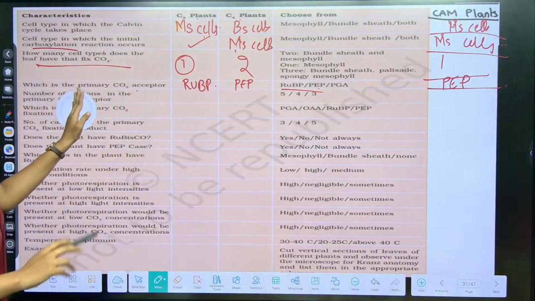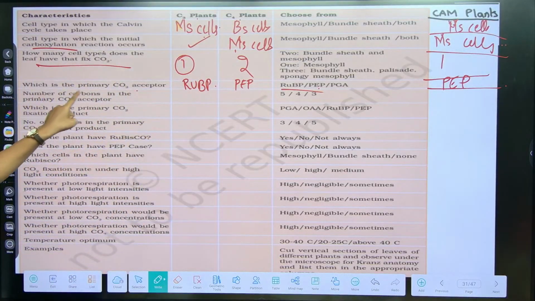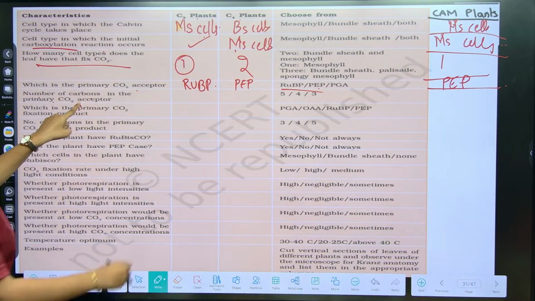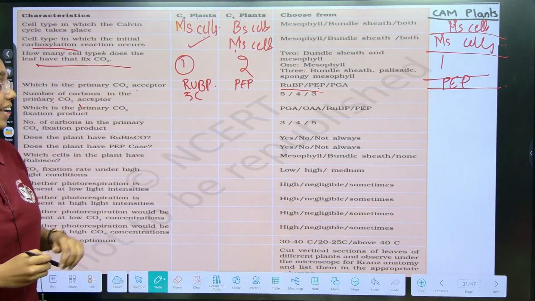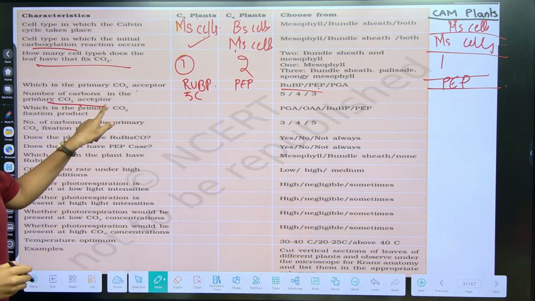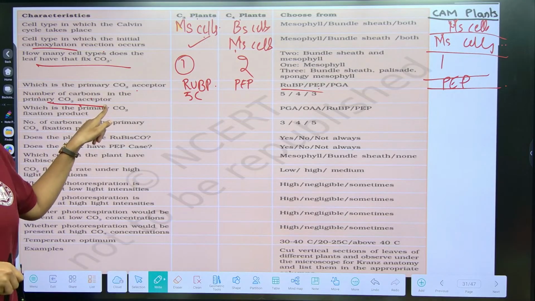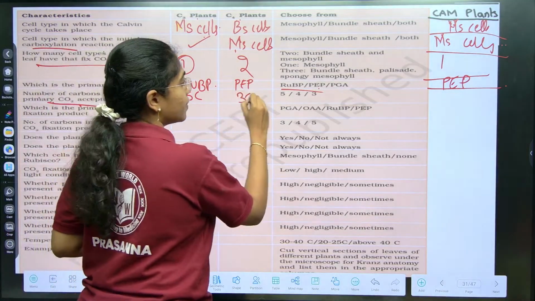Team A, number of carbons in the primary carbon dioxide acceptor.